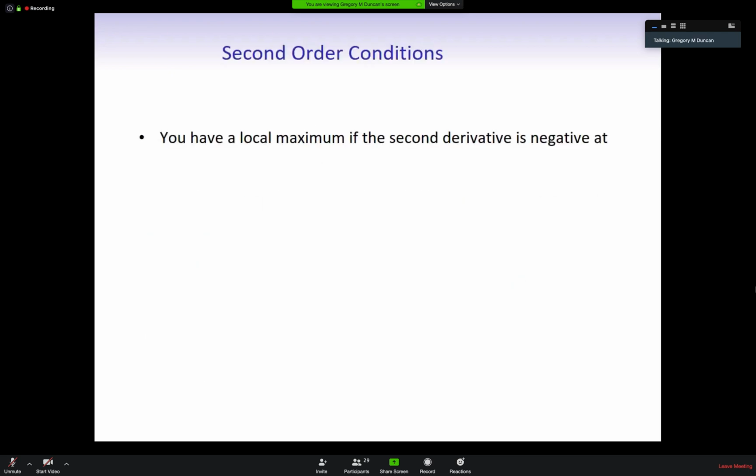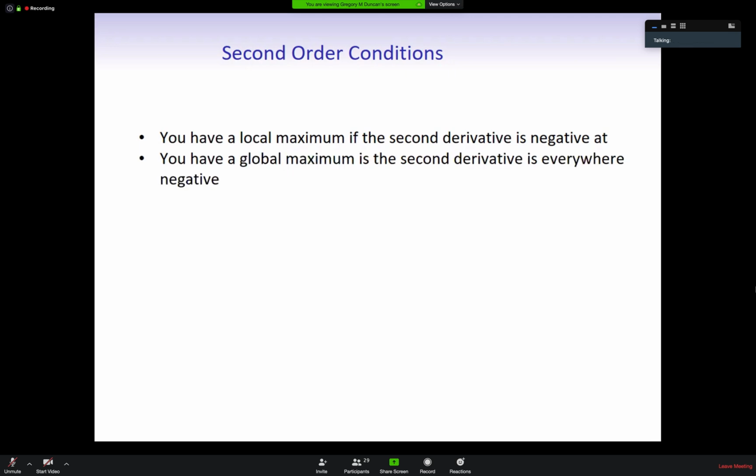That brings us to second order conditions. Second order conditions are going to be important in this course. Okay. You have a local maximum if the second derivative is negative. You have a global maximum if the second derivative is everywhere negative. So if you calculate the second derivative at every single point and everywhere it is negative, it turns out you will have a global maximum.